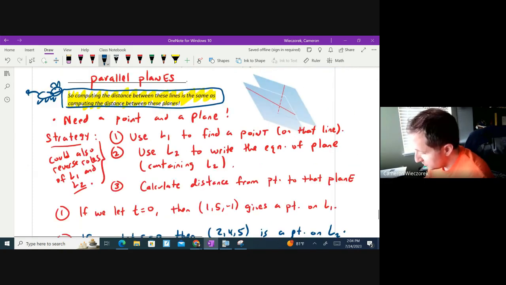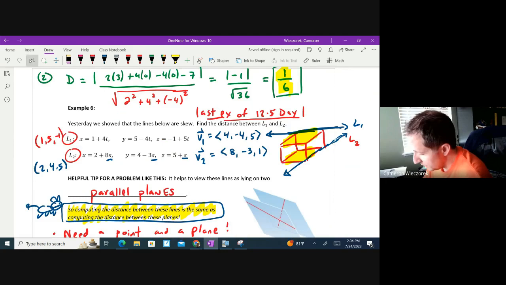Well, we have the direction vectors of both of these lines. So if I want a vector that's going to be perpendicular to that direction vector, I could just take the cross product of both direction vectors. Then I'm going to find a normal vector that's not only perpendicular to V2, but it also happens to be perpendicular to V1. I don't really care about that second property as much, but it's a nice added bonus. What I really care about is that it's going to be orthogonal to V2.